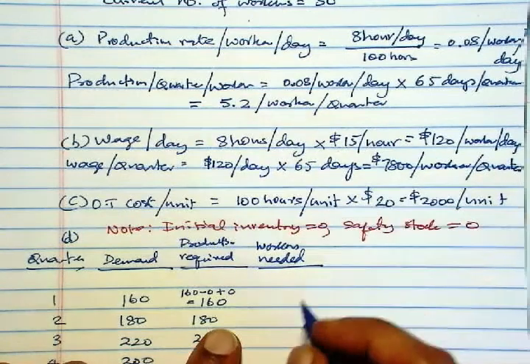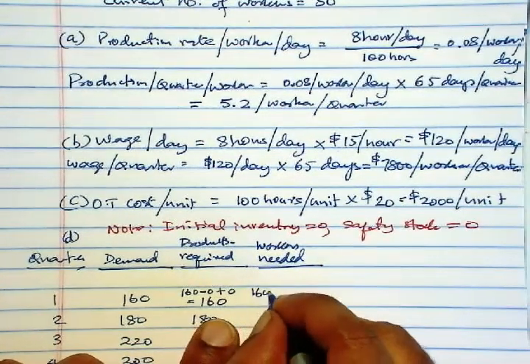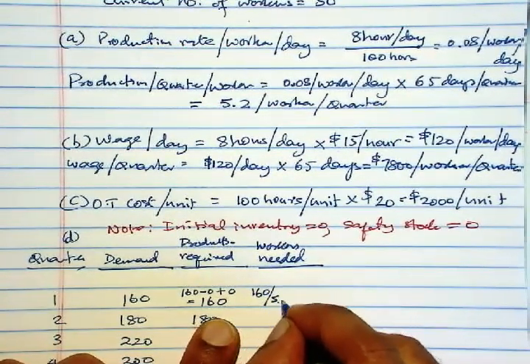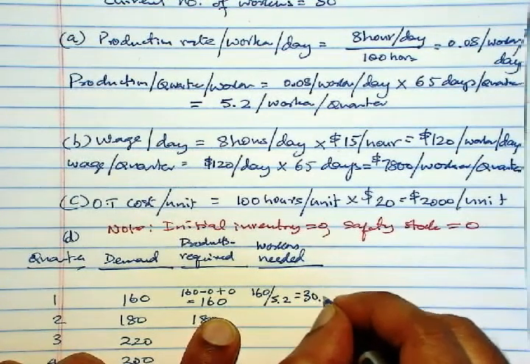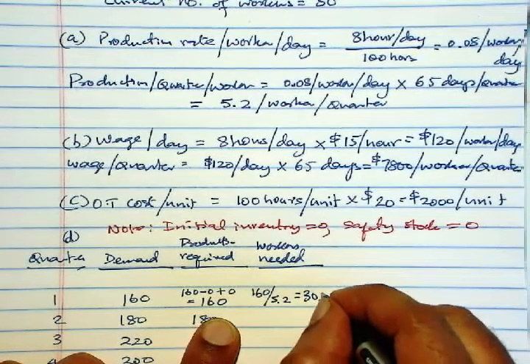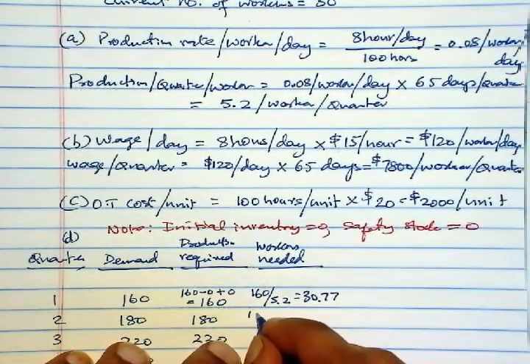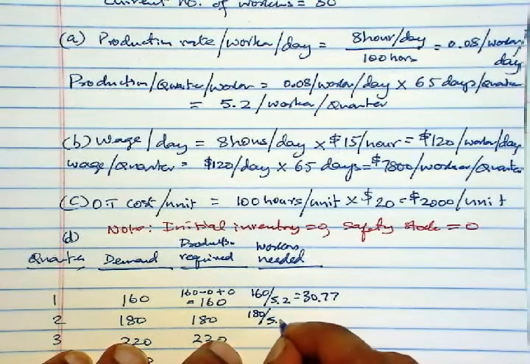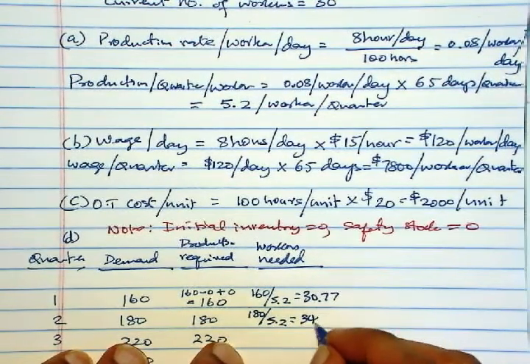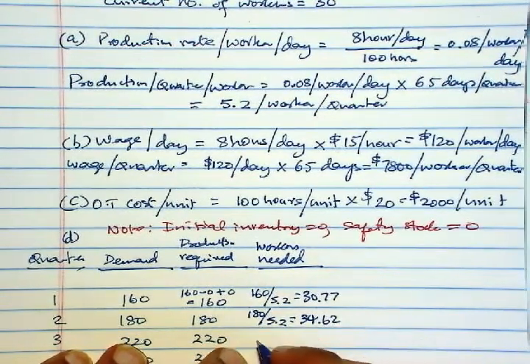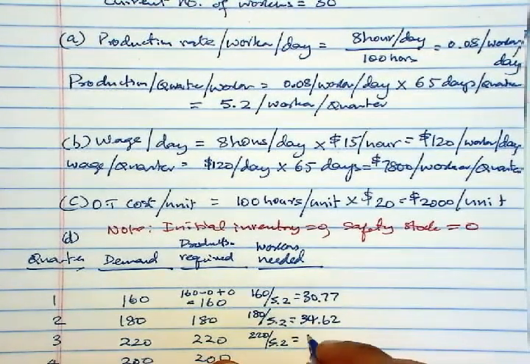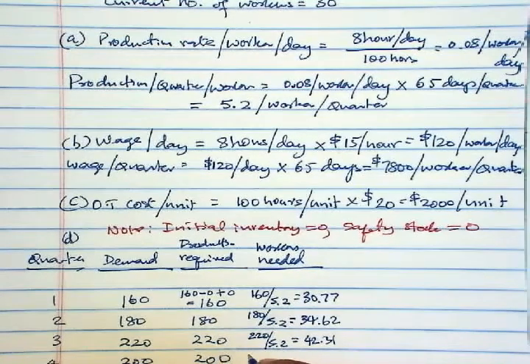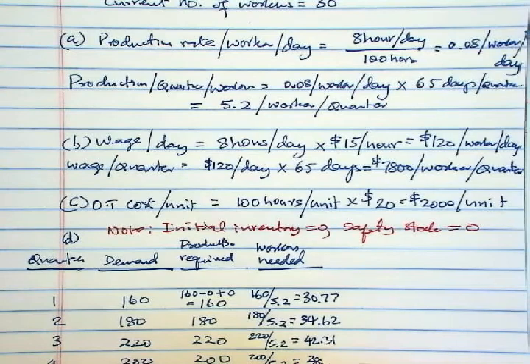So workers needed will be the production needed divided by the production rate per worker, and that will give you the number of workers needed. 220 over 5.2 is 42.31. 200 over 5.2 will give you 38.46.